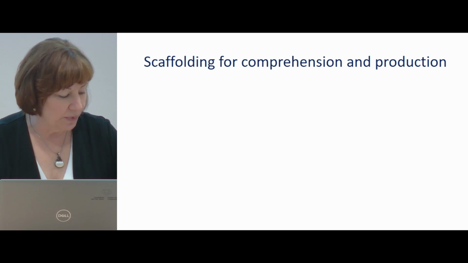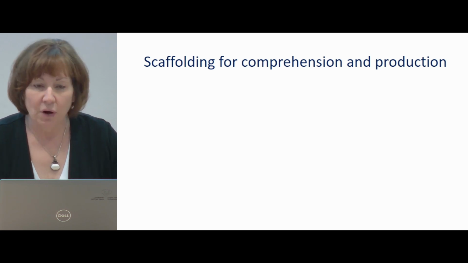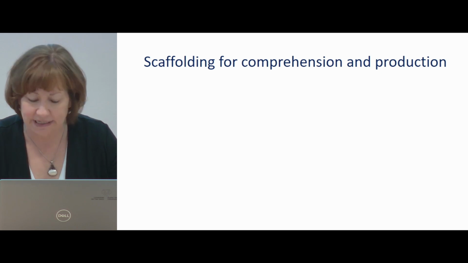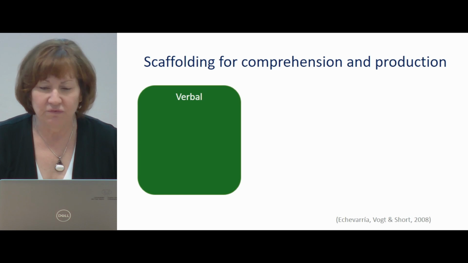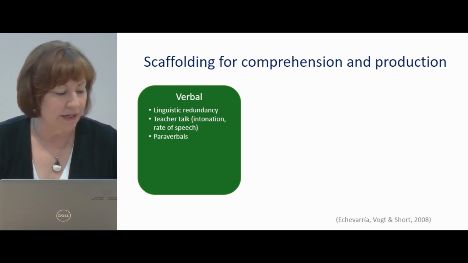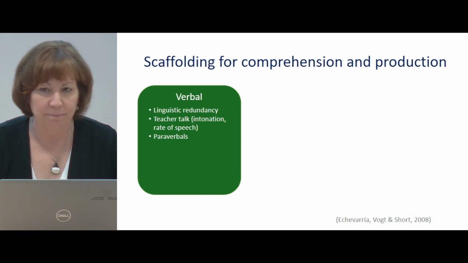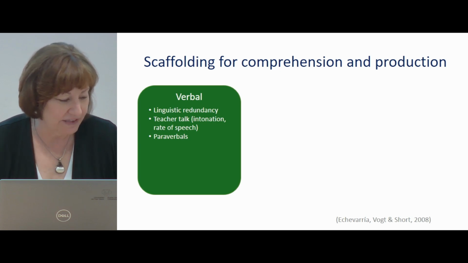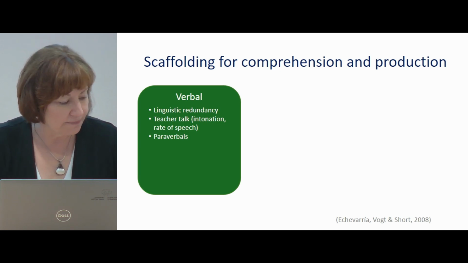All right, let me take a few moments to just talk about different types of scaffolds. In CLIL classrooms, we use scaffolding to promote comprehension of content and also to facilitate student language production. There are three broad types that were categorized initially by Echevarria, Vogt, and Short. When it comes to scaffolding for comprehension, verbal scaffolding involves linguistic redundancy with repetition, paraphrases, synonyms, and many examples, including teacher talk and changing intonation and the rate of speech, as well as the use of gestures and other paraverbals.